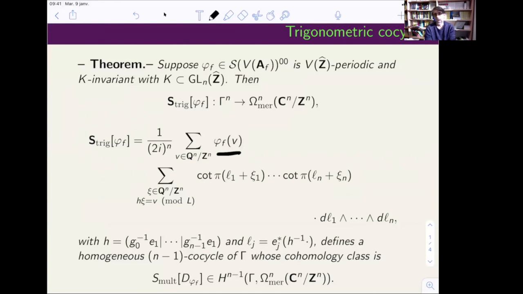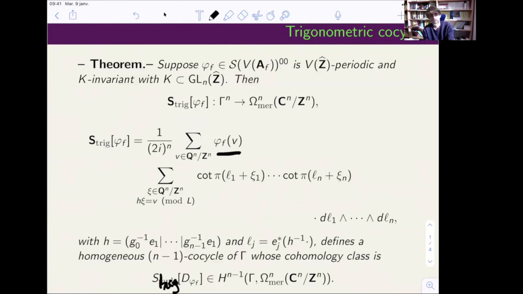And the theorem tells us that this explicit cocycle, computed by pushing the point up to infinity, is an explicit representative of the cohomology class I have been discussing from the very beginning. Sometimes I call it the multiplicative, sometimes the trigonometric cocycle. So it's the trigonometric cocycle associated to this special divisor.